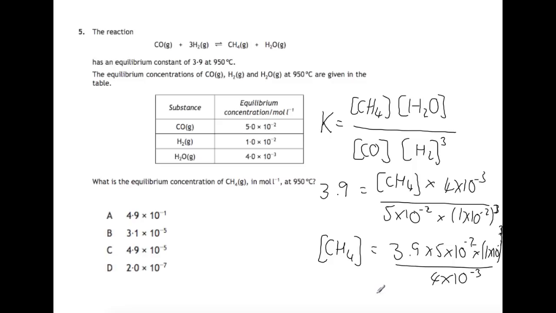And then when you calculate that out, you'll find that the answer is 4.9 times 10 to the minus 5, which is C.